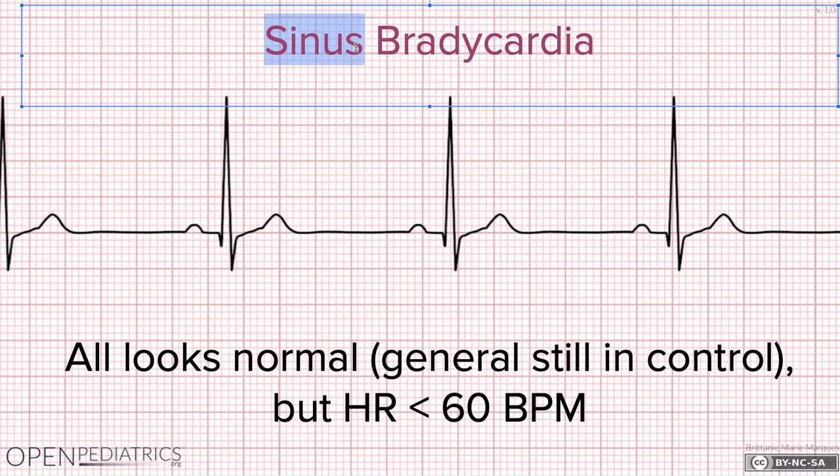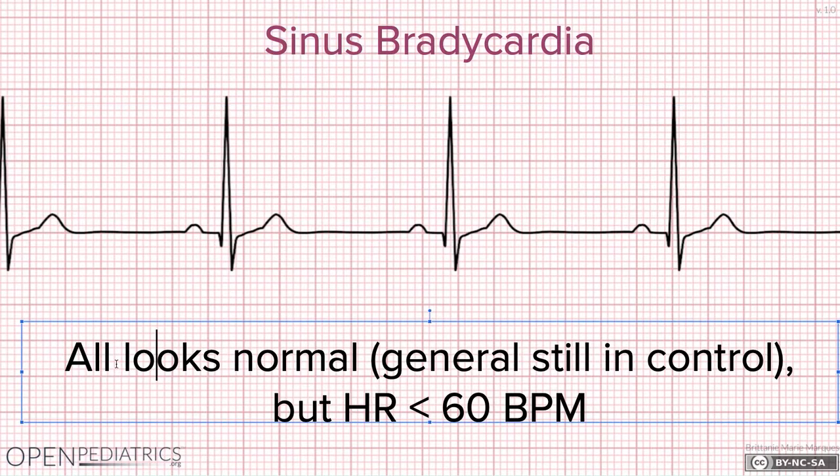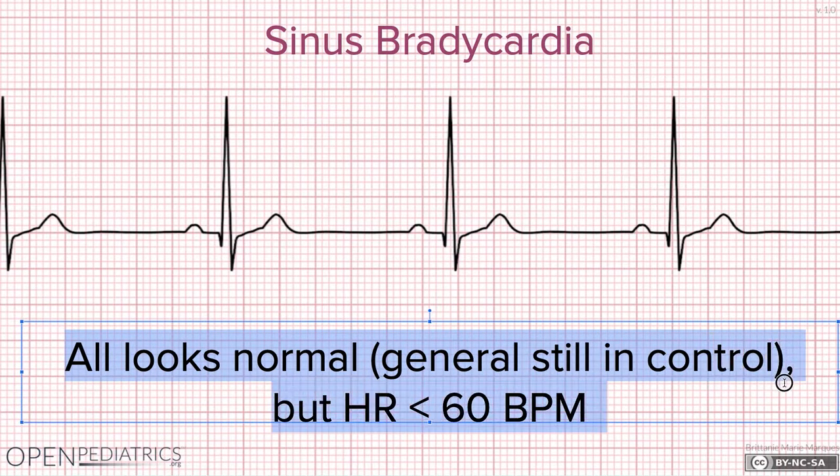Since this is occurring from the sinoatrial node, from the general, we call this sinus bradycardia. So everything looks normal. The general is still in control, but the heart rate is much slower than normal. Atria look normal, ventricles look normal, everything looks normal, but there are just not enough heartbeats per minute compared to what should normally be happening.